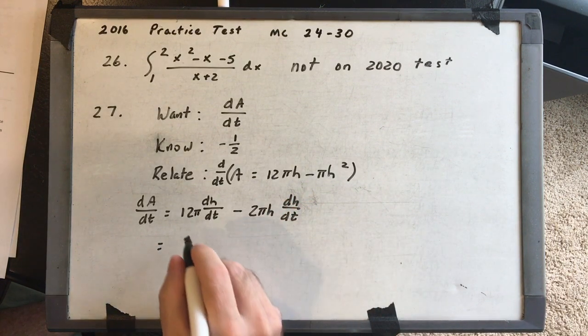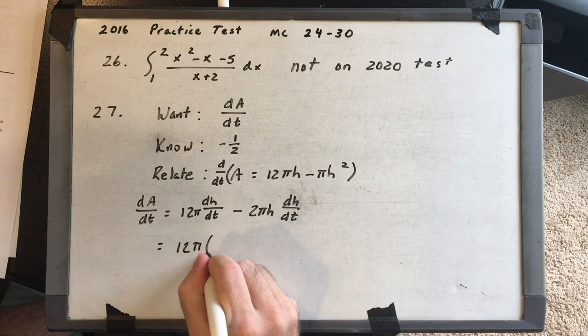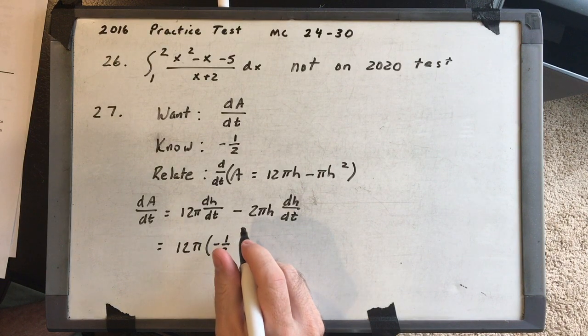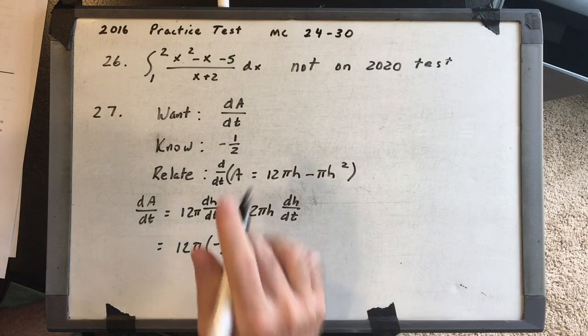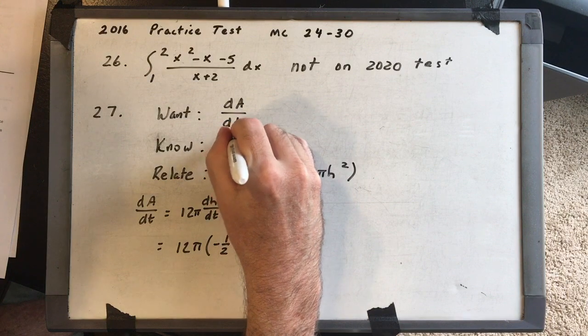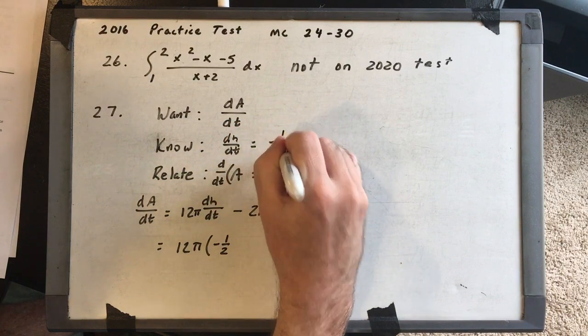Okay, so now let's just plug in the numbers that we know. We've got 12 pi times dh/dt, and dh/dt equals minus 1/2. Sorry about that.